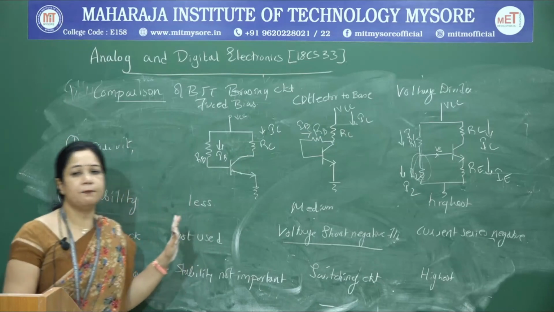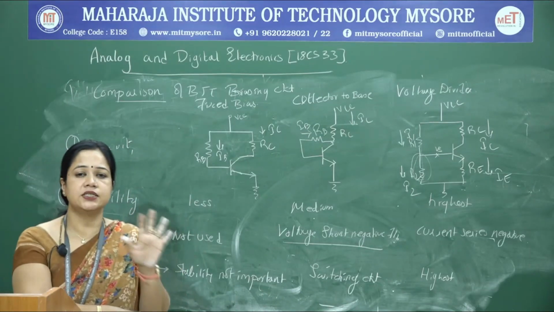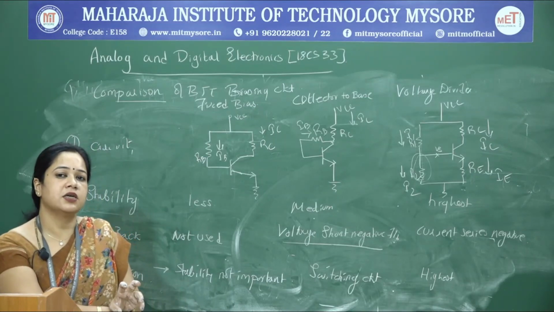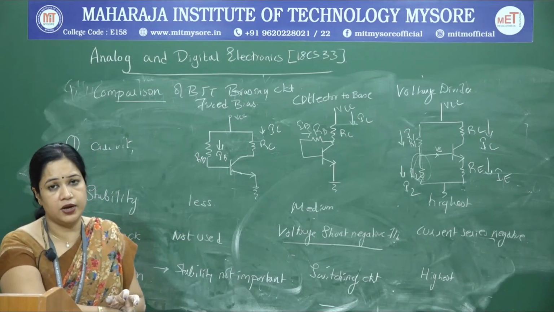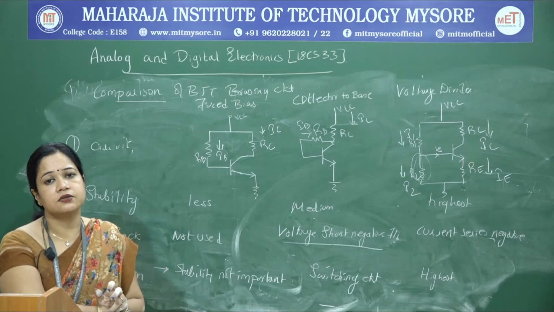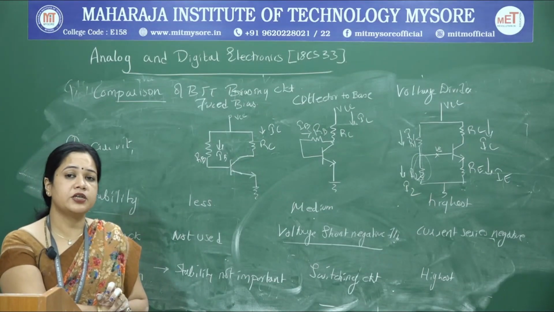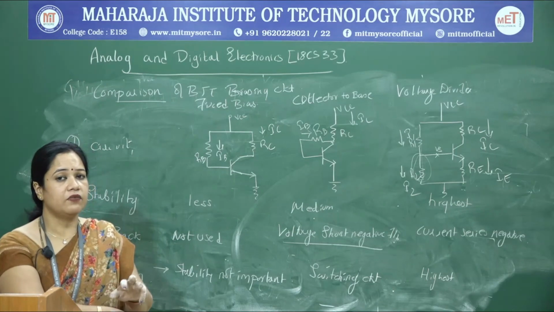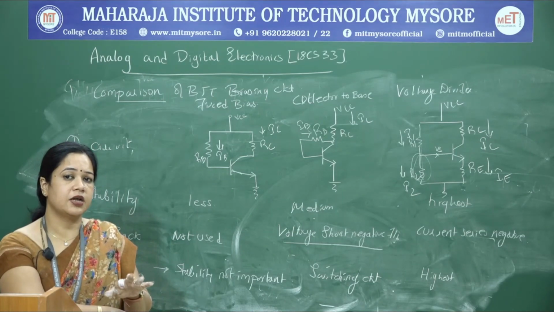So with this we complete the BJT biasing chapter topics for your module 1, and in the next class we will discuss operational amplifier application circuits. You are aware of what an operational amplifier is.